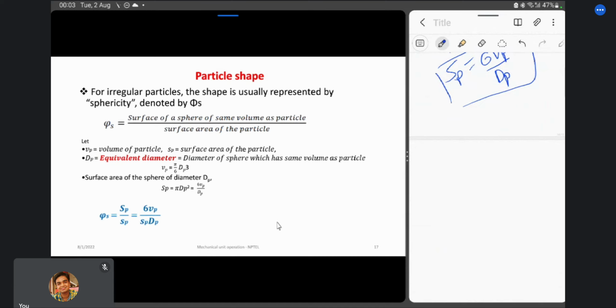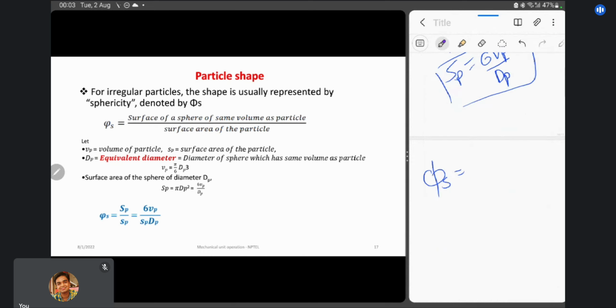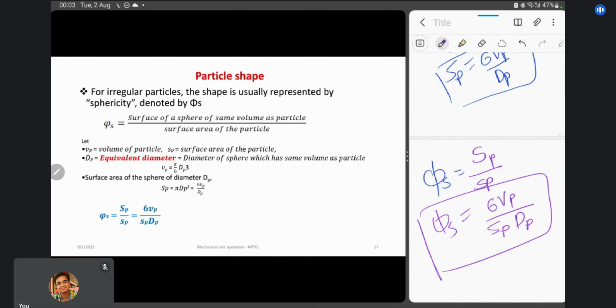So in the end you will denote sphericity as the surface area of the sphere divided by the surface area of the particle. The surface area of the sphere you denote by 6 Vp by dp, and the surface area of the particle is Sp. This is the equation of sphericity which we will use for understanding different kinds of shapes and how much their sphericity is.